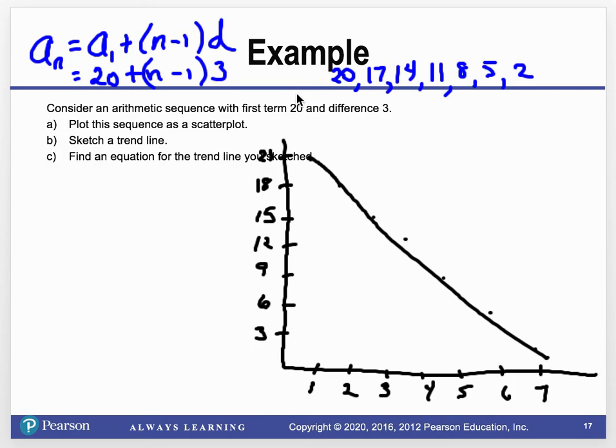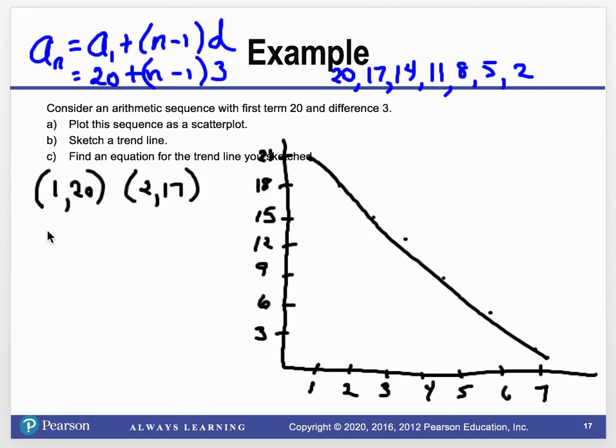But let's say that I don't know that. Let's say we had all those red dots, and I drew a trend line going through there. I would need to pick 2 points. So for this one, let's just use the 1 and the 20 and the 2 and the 17. So this is basically my x, y.